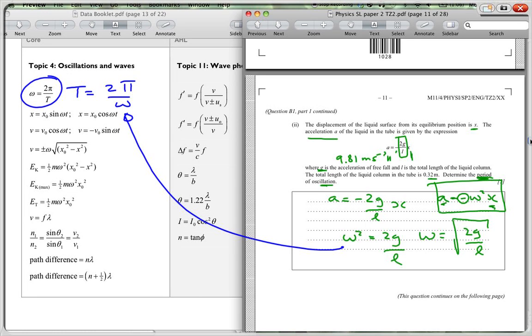It works out that your period works out to be 0.80 seconds. Hope you'll all be okay with that. The g is 9.81 here, this is 0.32. We put that into there, we work out what omega is, and then we put that omega into there, and we get our T value.